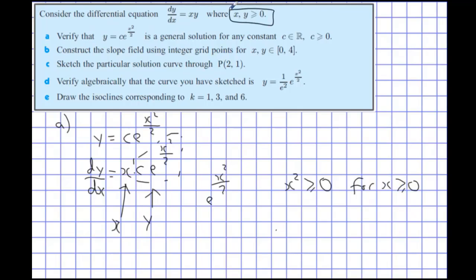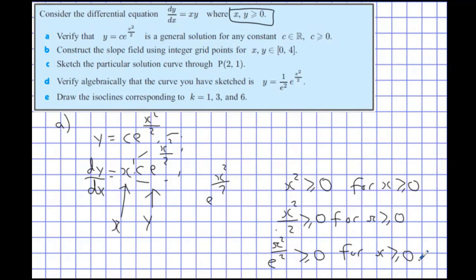So x squared over 2 will definitely be the same for x greater than or equal to 0. And then when we raise e, which is a positive number, around 2.72, e to the power x squared over 2 is also going to be greater than or equal to 0 for x greater than or equal to 0.